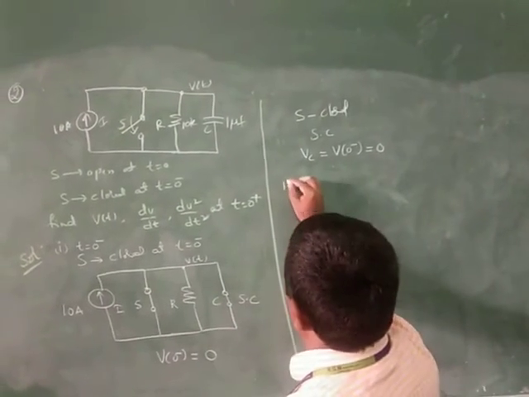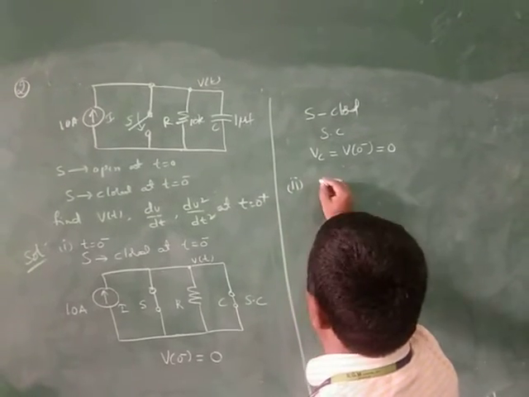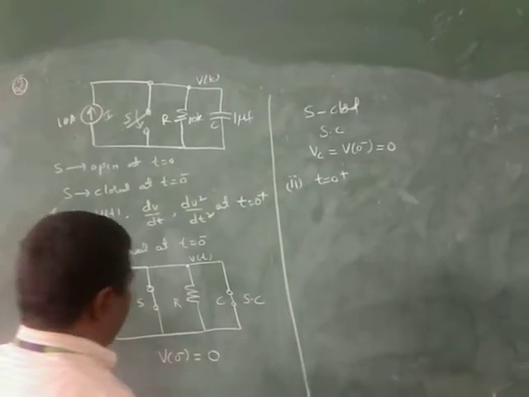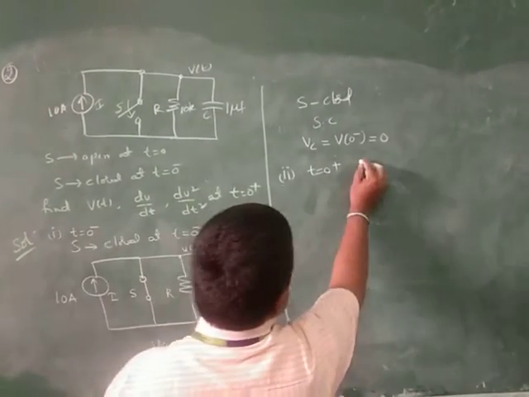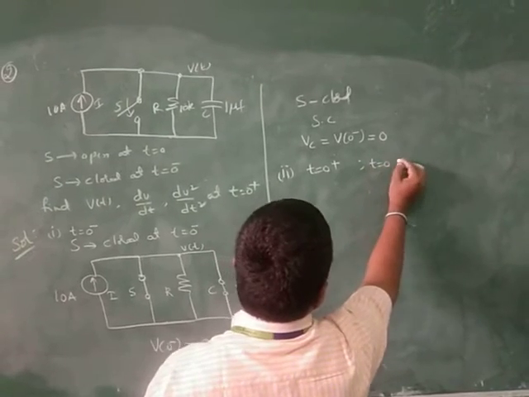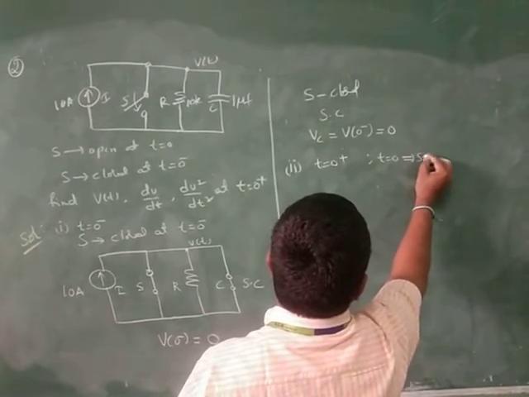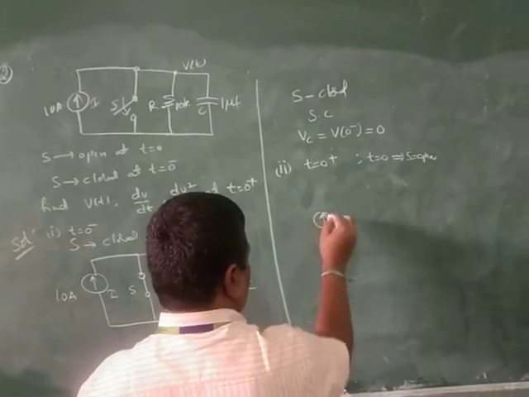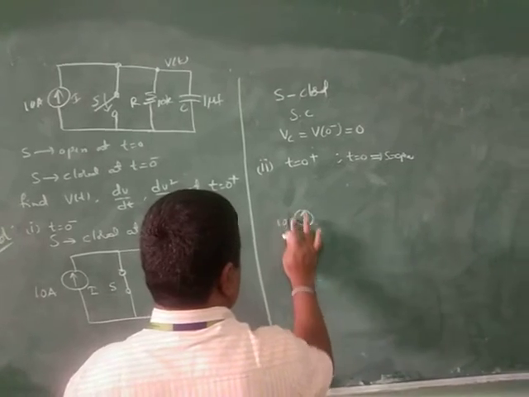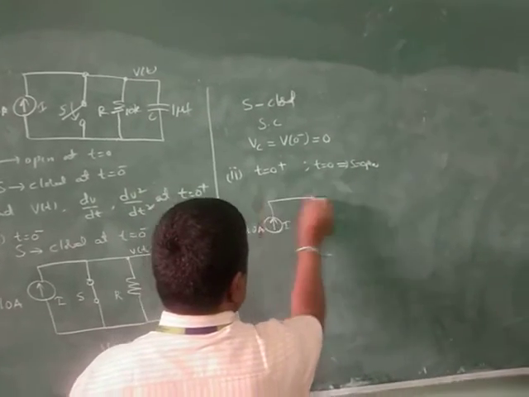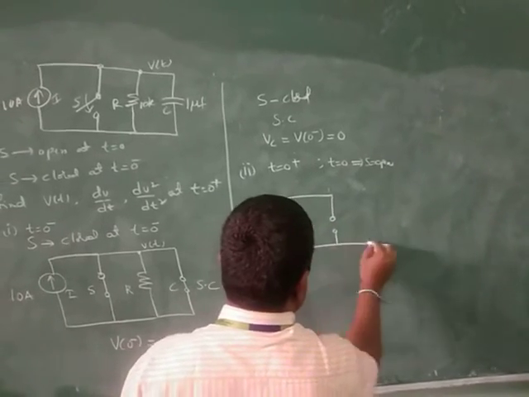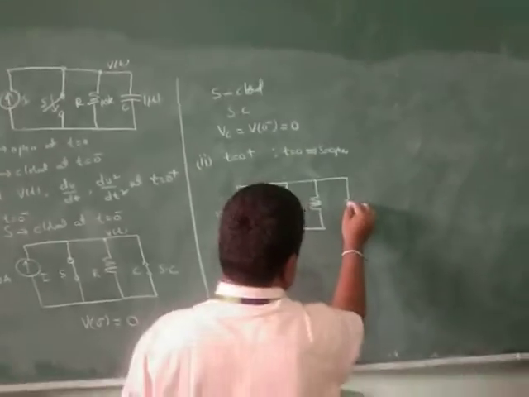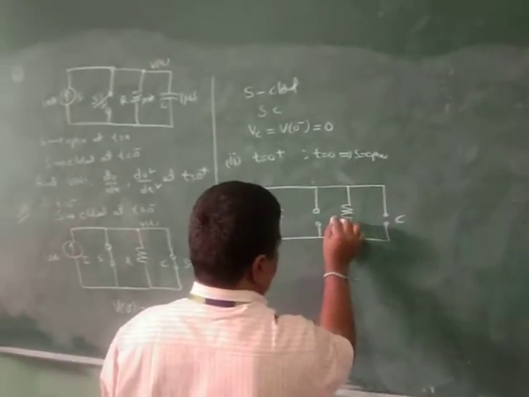And coming to the second case, t is equal to 0 plus. In between, at t is equal to 0, S is open. Now the equivalent circuit diagram is 10 amperes, here S is open, here it is the resistor, and here it is the capacitor.